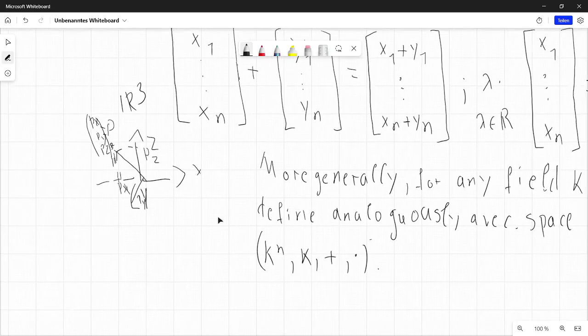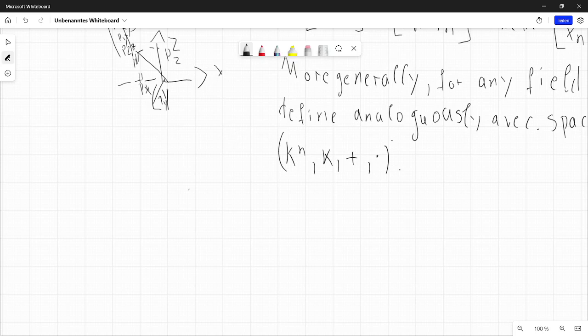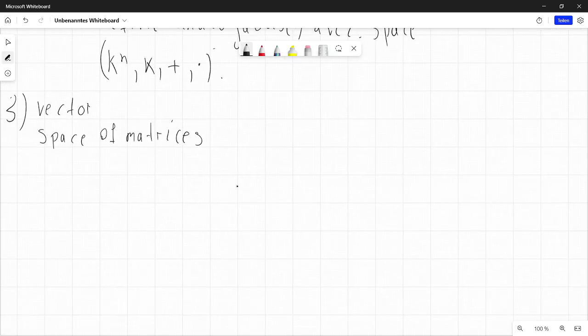A particular special case is the vector space of matrices. Don't be confused that by matrices we don't write the things in a column. We just write them also as independent coordinates in a rectangle, and we just have some A11, A12.